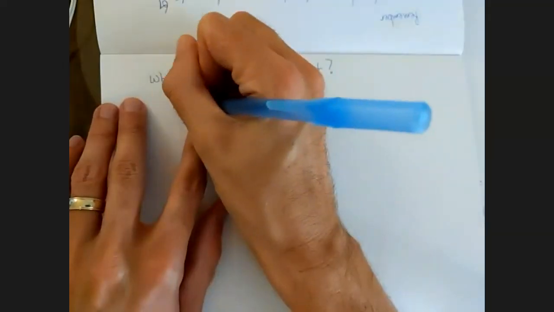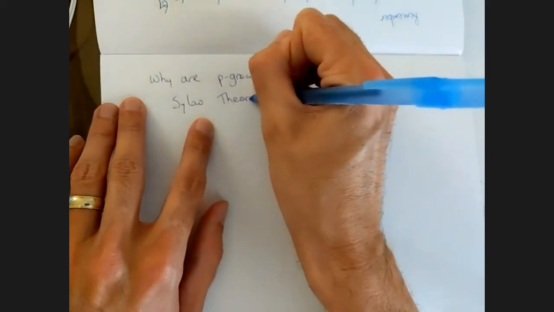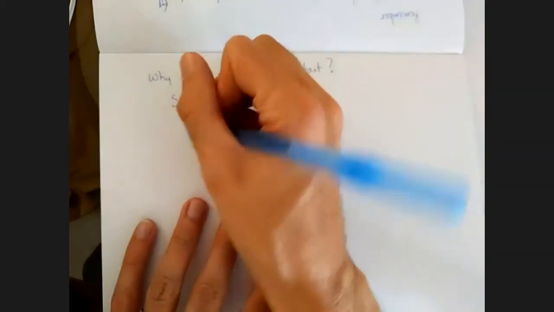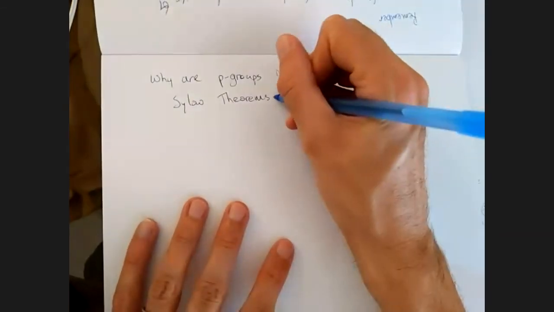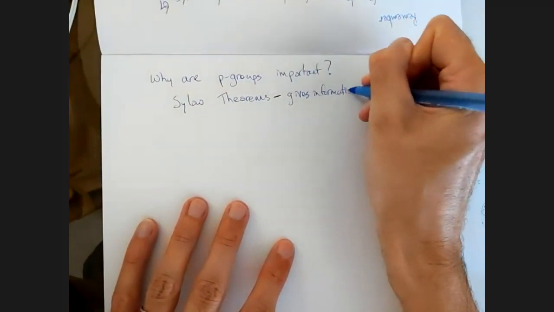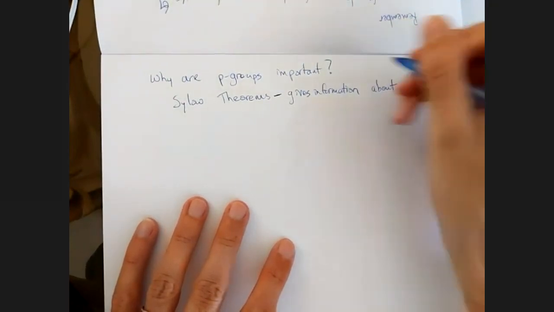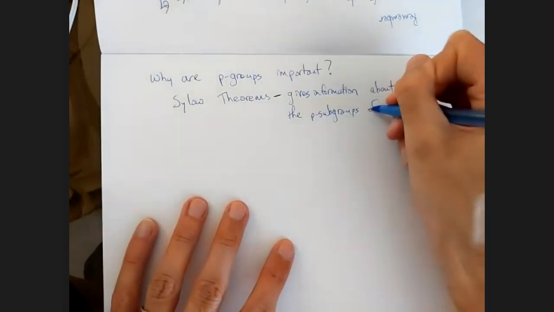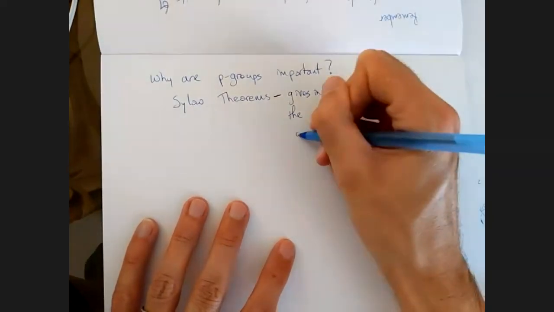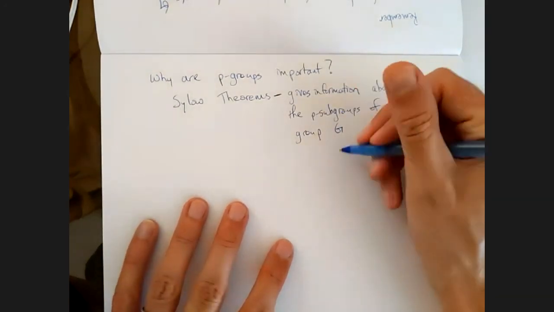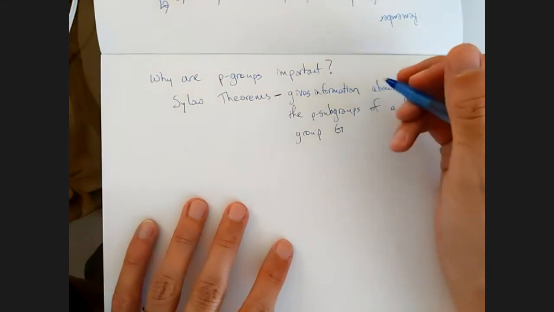This is because of the Sylow theorems, which give information about the P subgroups of a finite group G, and the information that it gives depends only on the factorization of the order of G.